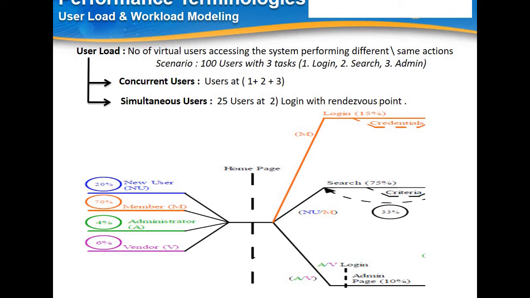Like 15 users move to the login page with their credentials. After that, 75 users move to the search page, searching for the product which they want to purchase. And 10 users move to the admin page. These are administrators and vendors. Vendors are updating their data in the website, and administrators are doing some admin work in the application.